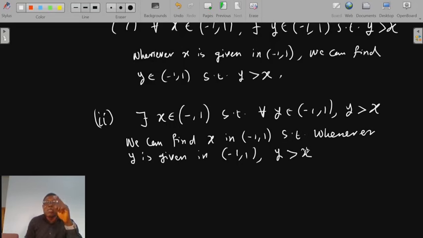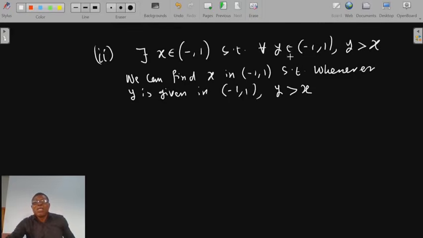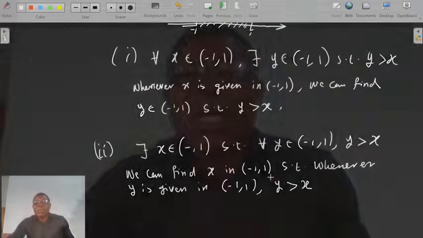This is just to tell you the difference between the first statement and the second statement, and for you to see that with the two quantifiers, the universal quantifier and the existential quantifier, we must be very careful how we use them in a mathematical statement.